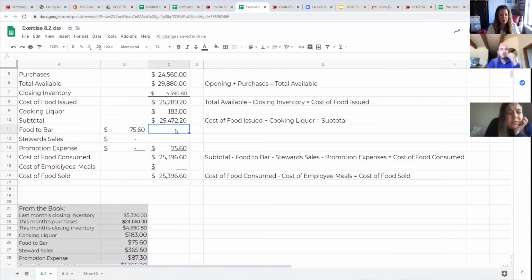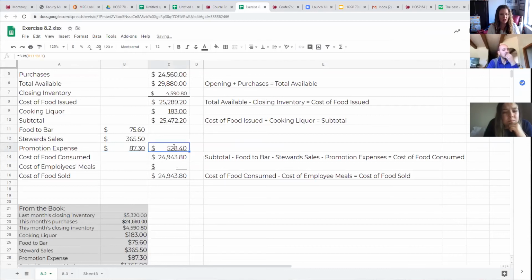And so we're going to subtract this. Steward sales is going to be $365.50. Right here, I have a formula already built in that shows you it's going to add all of this up. Promotional expense, $87.30.